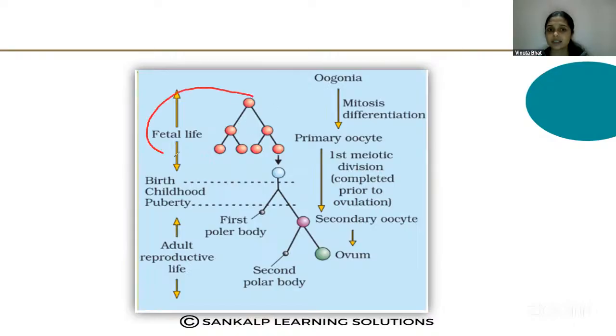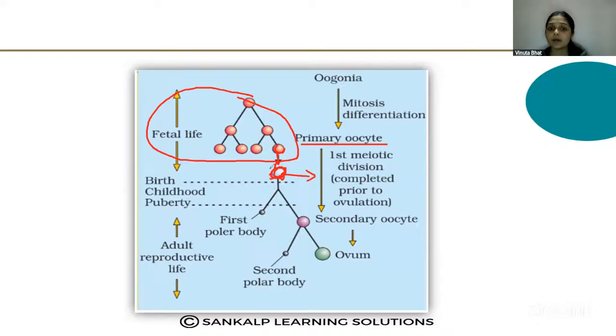Okay, so this is the schematic representation. During the fetal life, these primary oocytes are formed, and the primary oocyte starts the cell division but is arrested at meiosis 1. The granulosa cells start to form around the primary oocyte.